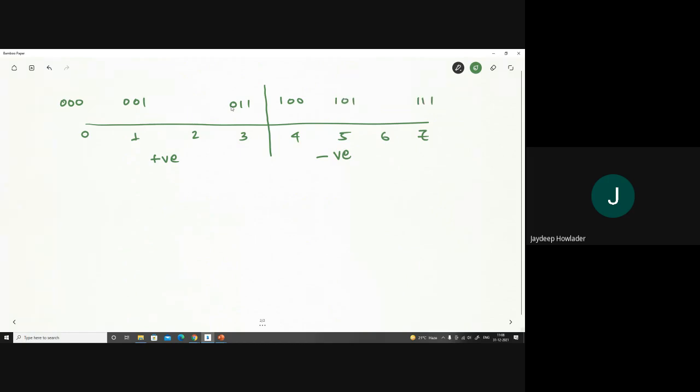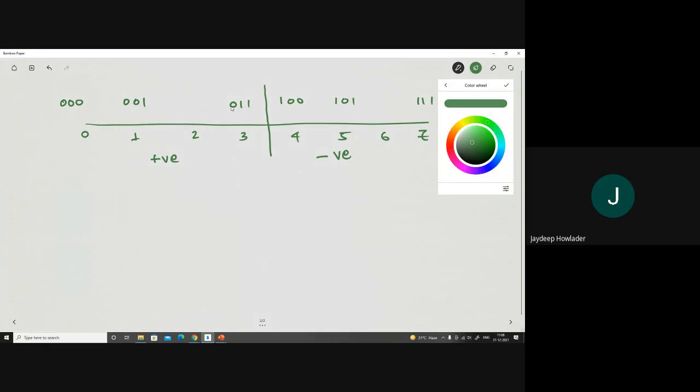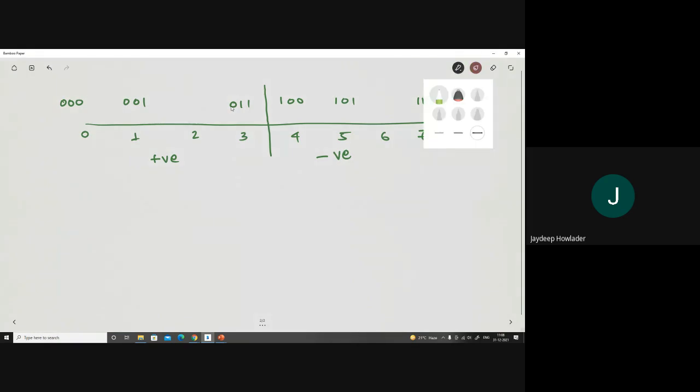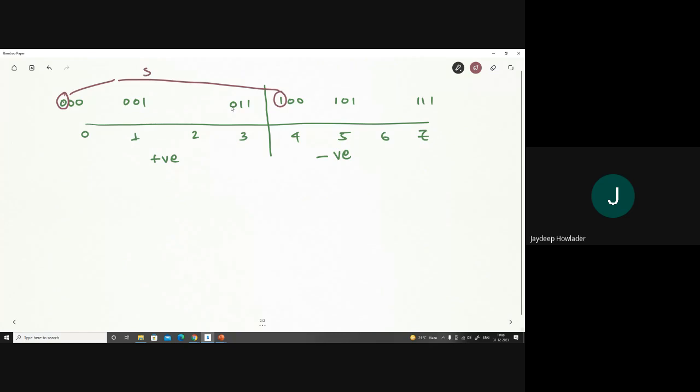This most significant bit represents the sign bit, and it does not contribute anything to the amplitude.